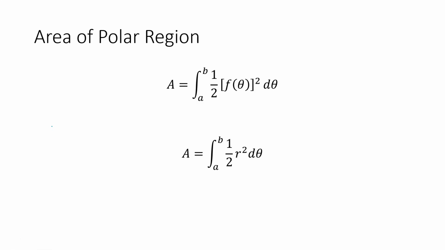Again, it's between two angles, A and B, and some polar curve r equals f of theta. So the area of that region between those two angles and the curve r equals f of theta is given by the integral from a to b of 1/2 f of theta squared d theta. Or here we can think of it as 1/2 r squared d theta.